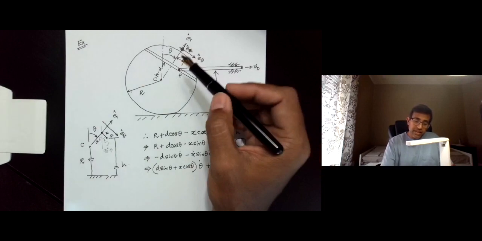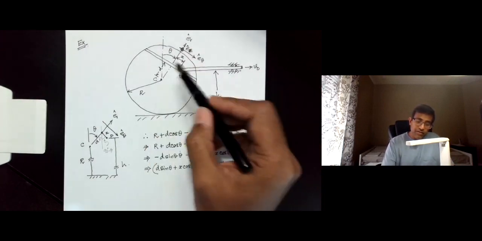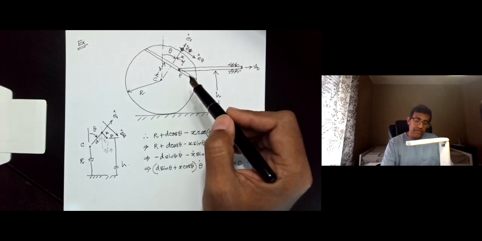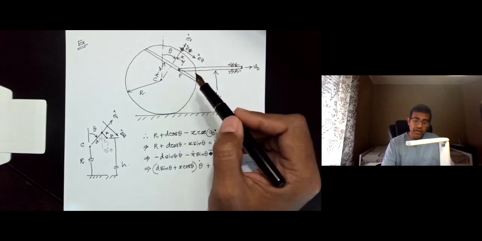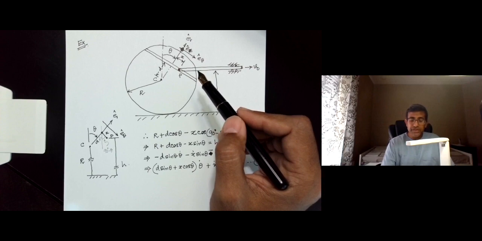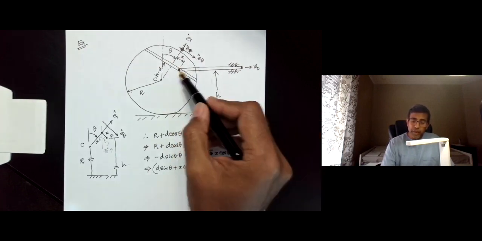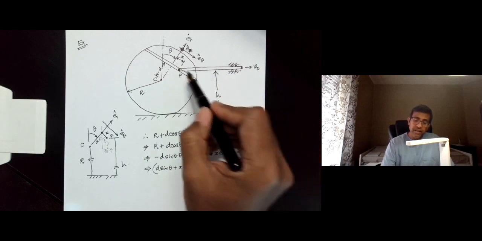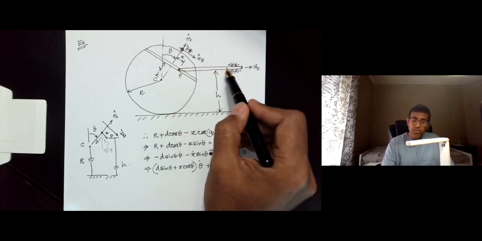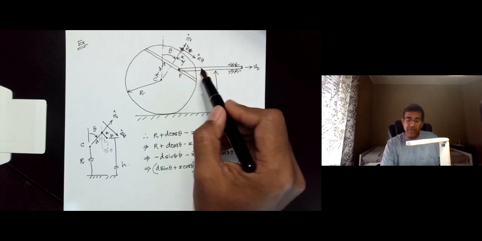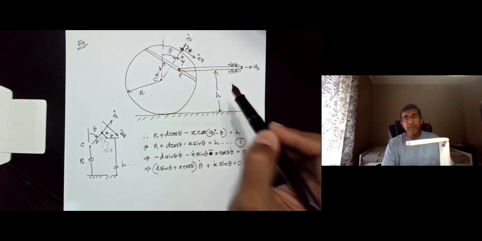Now you can see that x and theta are related because this disk is rolling without slipping. Because it is rolling without slipping, as this turns, in order to maintain the bar at this height, this needs to move by a certain amount so that the height is maintained.